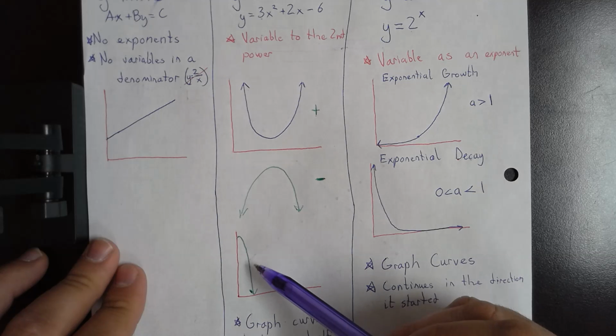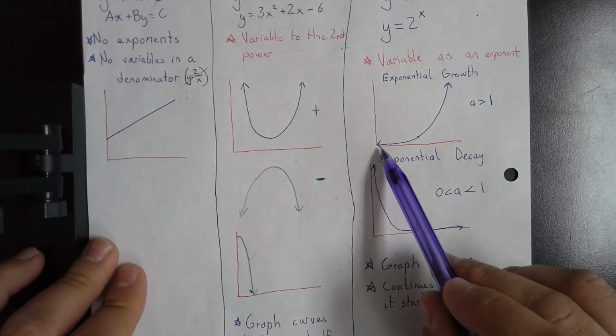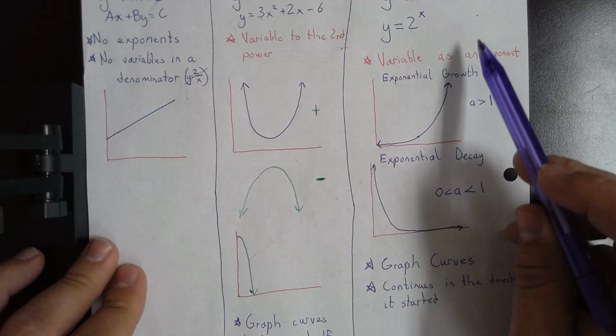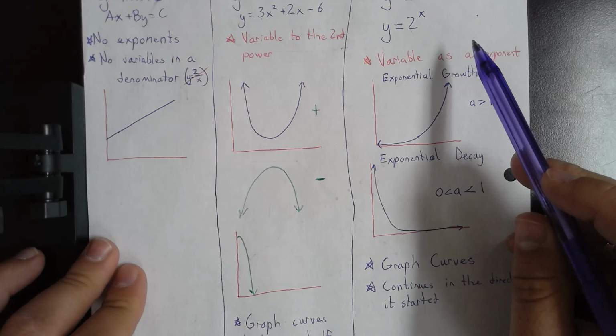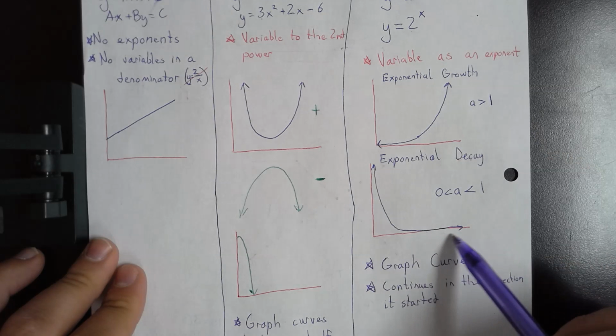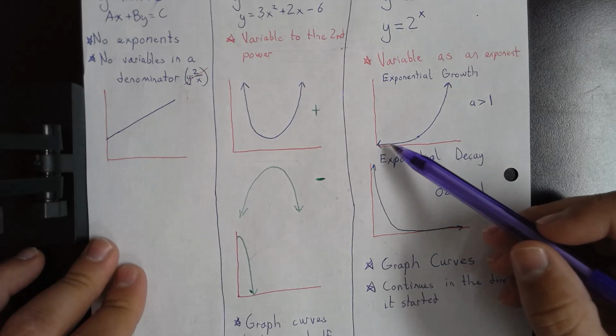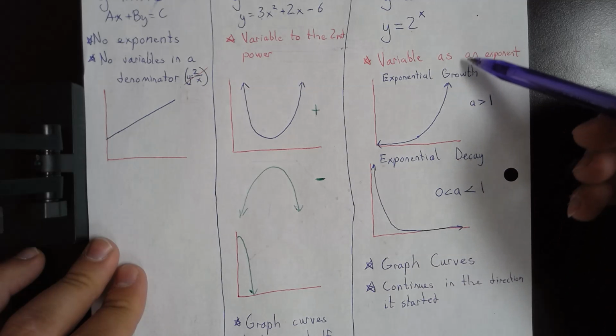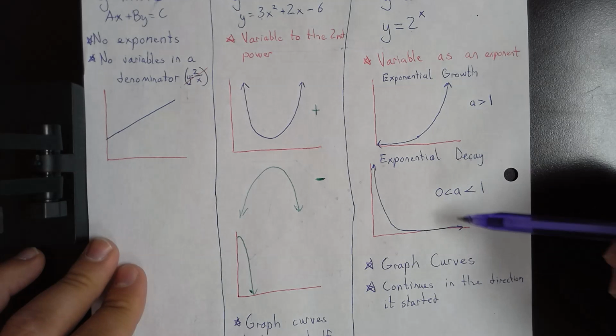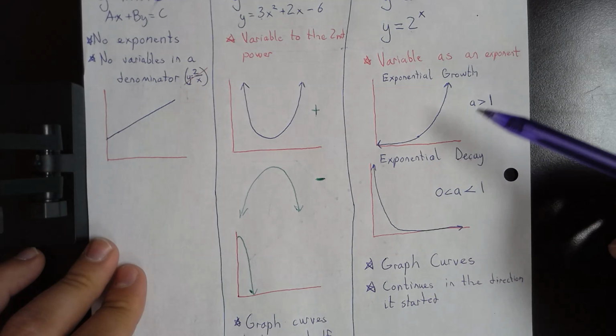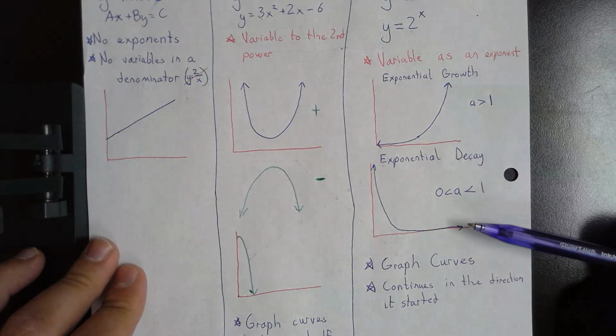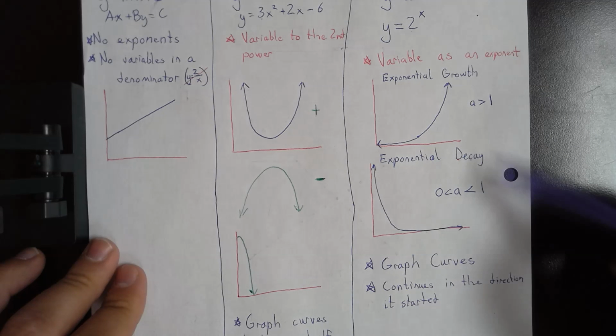If it's continuing the same direction the entire time, and it's going to get closer and closer to a line it never touches, our asymptote, then that is our exponential. You will have to identify between exponential growth and exponential decay based on the direction it's going. If it's going down, it's decaying. We're losing things. If it's going up, it's growing. Pretty simple.